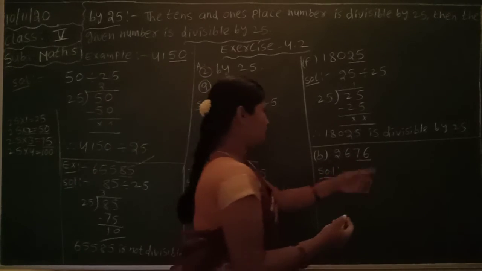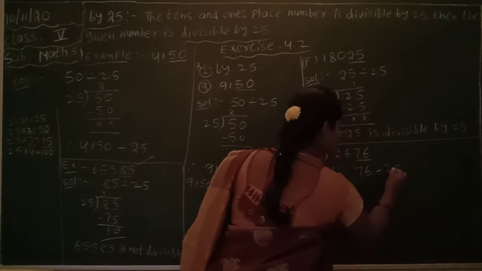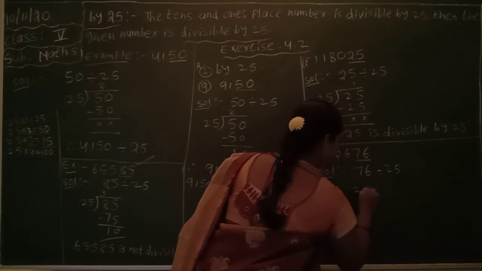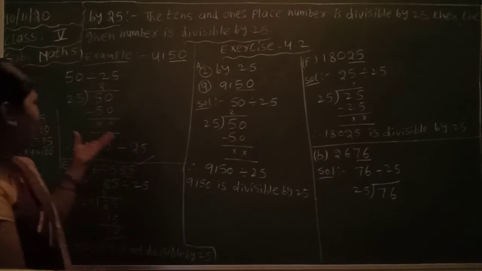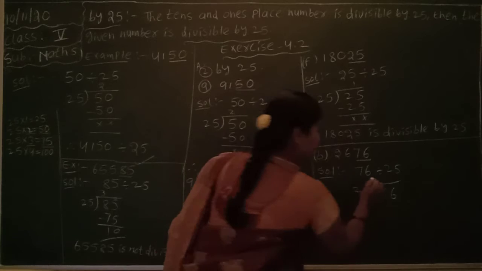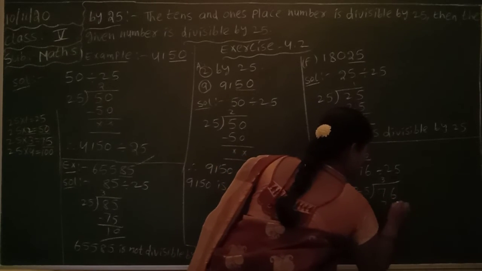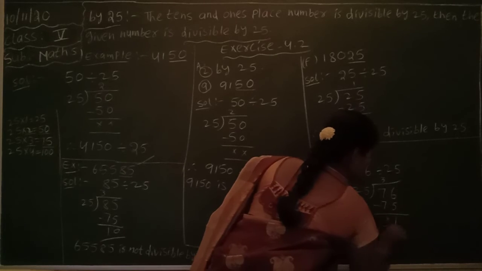Take these two numbers: 76 divided by 25. Check the 25 table. Will we get 76? No, so take 25 threes are 75. 6 minus 5 is 1, 7 minus 7 is 0.